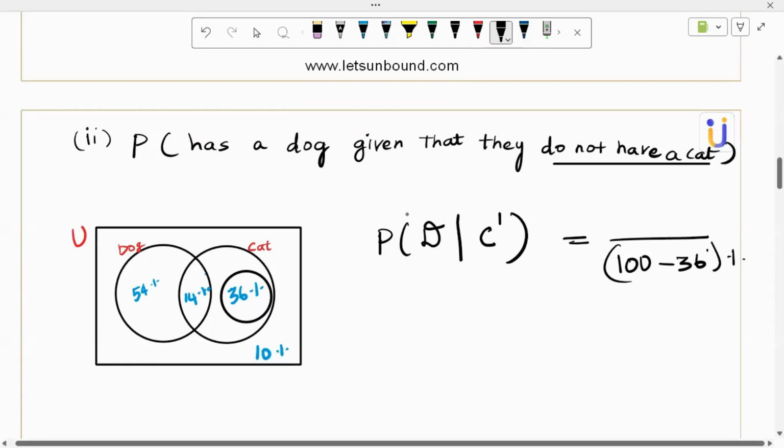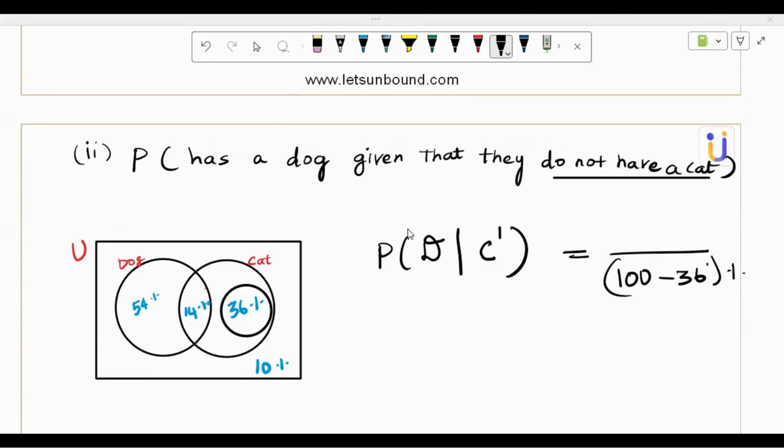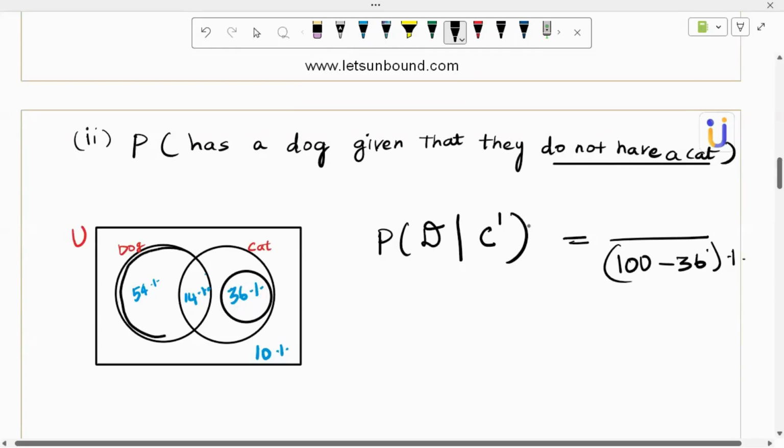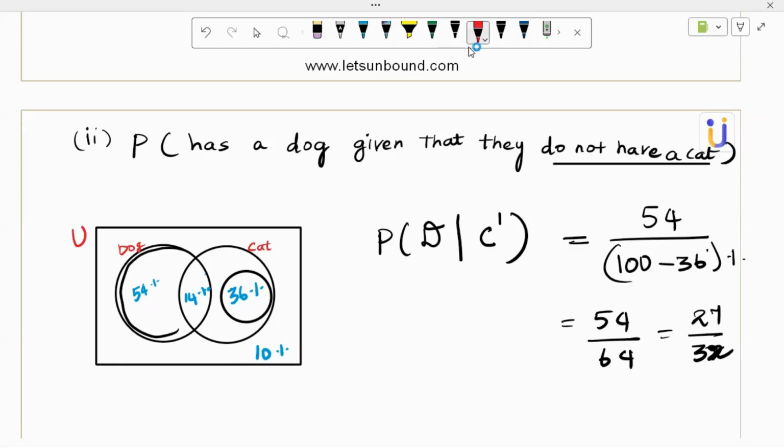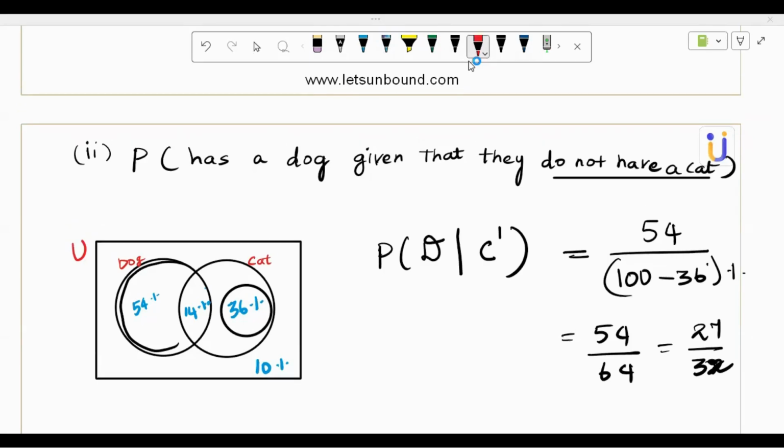Here they didn't mention only a dog or something like that, so we go with 54% having a dog. So 54 over 64. You can simplify it as 27 over 32, or you can convert it into a decimal. When you divide this, you will get 0.84375.